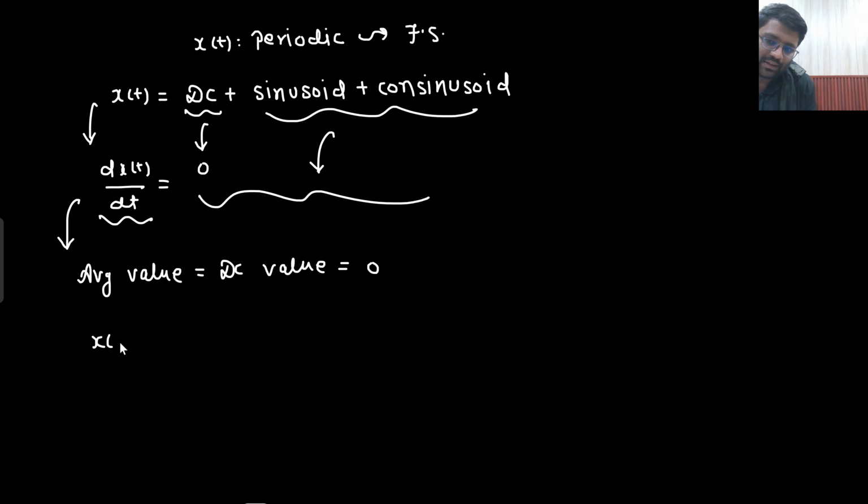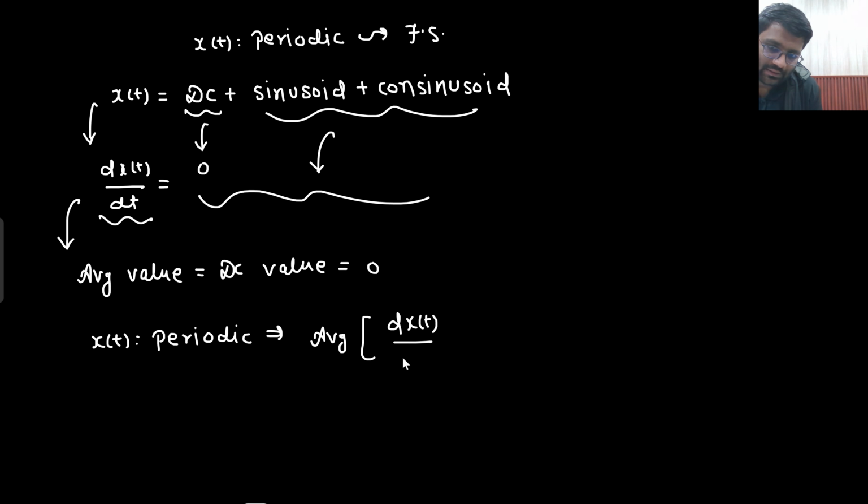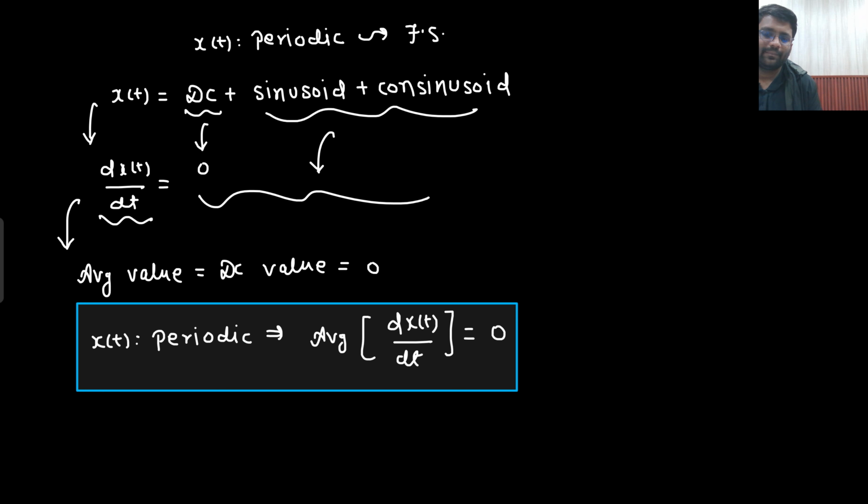That sir, if xt is periodic, then average value of its differentiation would be equals to 0. Is that clear to you? Say yes or no.